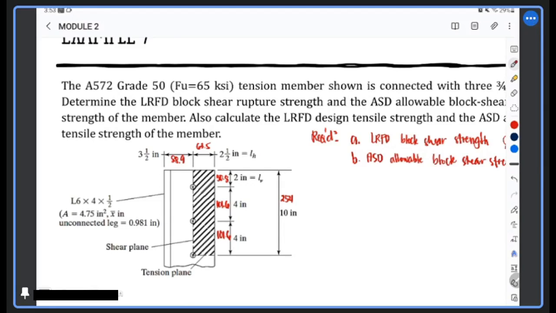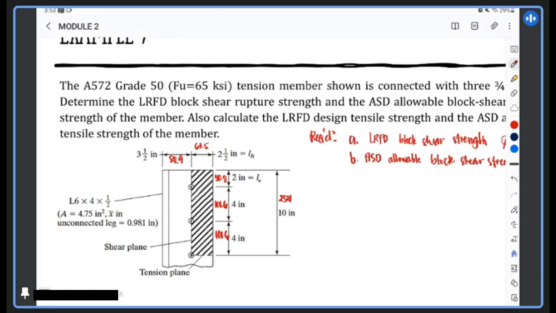All right. Now we will not follow this and convert it exactly. Itong mga given data here for the L6 by 4 by 1/2, but we will use the value in our AISC section database. Okay?